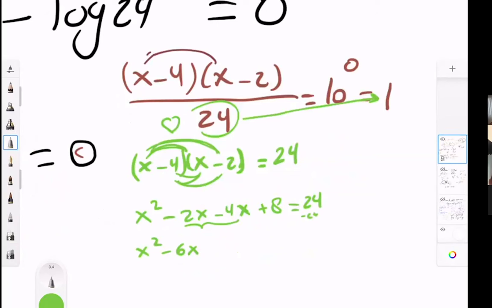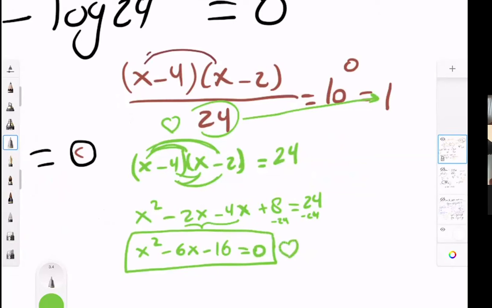If you subtract 24 from both sides, we get x squared minus 6x minus 16 equal to 0. So we got an equation that we love, and we have a method to solve it: quadratic formula or factoring. Can I factor this?